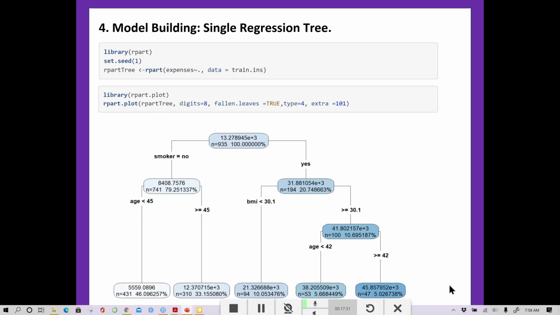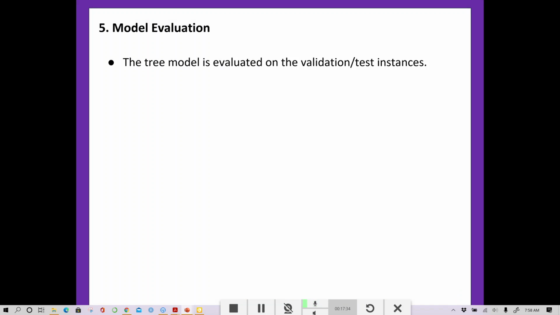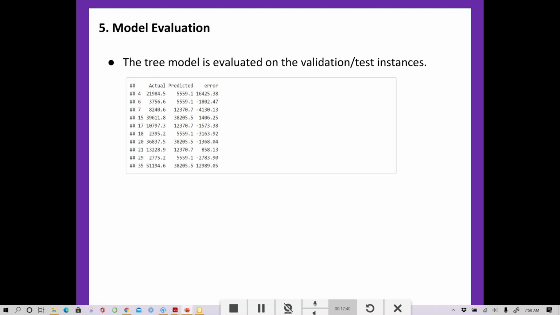But before we do that, let us evaluate this model on the test or validation instances. Here is the actual medical expense. Here are the predicted medical expenses. So actual minus predicted, you have the error of predictions. For some, the model was close, and for some, it was not performing as well.